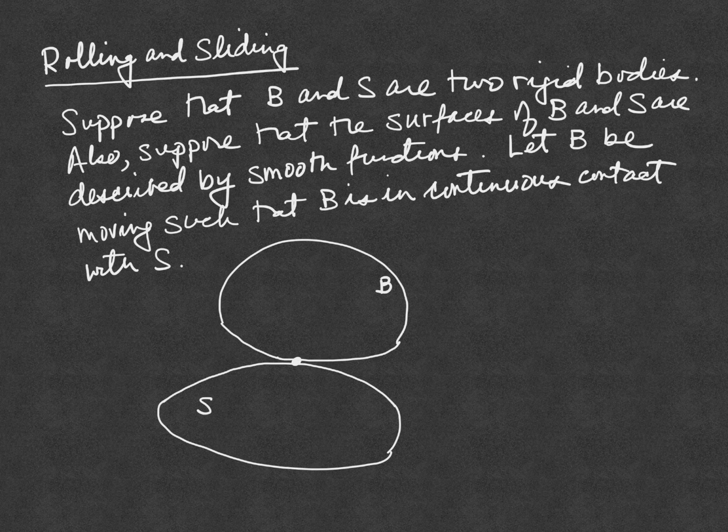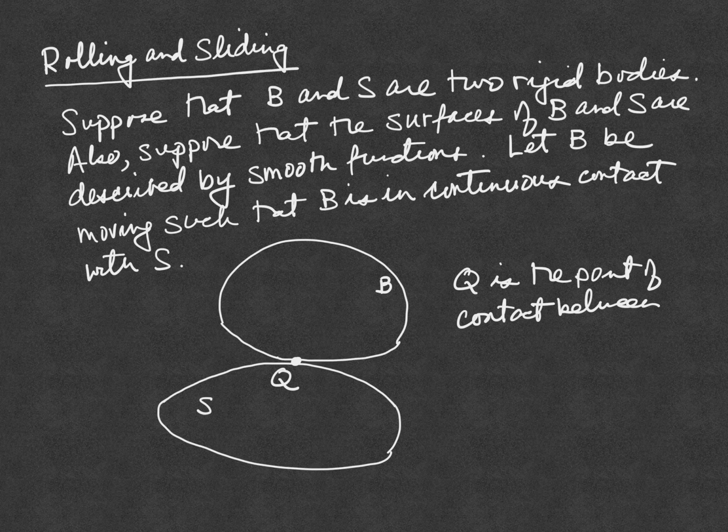So there's a point Q. I'm going to call that point Q. And Q is the point of contact between B and S. Now, Q is what's called the instantaneous point of contact.